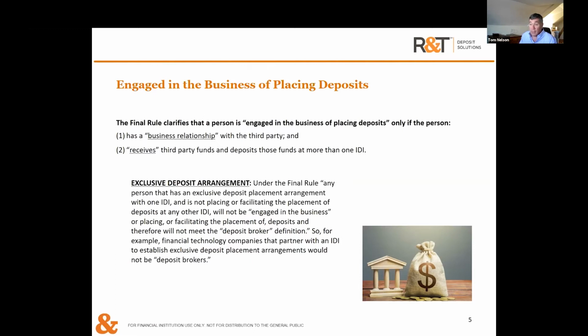Secondly, that entity must receive those funds and then pass them on to an insured depository bank. So it's not good enough to just have a relationship. It's not good enough just to receive funds. It has to have both of those in order to be considered somebody that engages in the business of placing deposits. And somebody that engages in the business of placing deposits is, by definition, a broker under these new rules, with certain exceptions that I will go into in a minute.